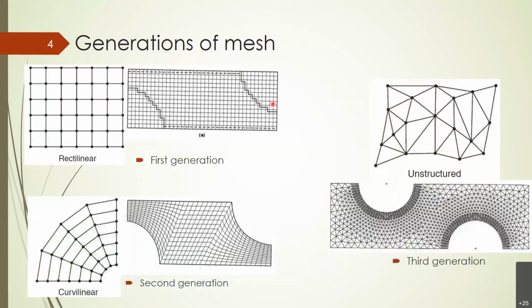So I'll give some intro to the generation of meshes. There are three types of generations. First is the rectilinear, which uses the dots here. When it captures a curved geometry, like I showed at the bottom here, it cannot show the smooth curve, and it can only show the step figures here.